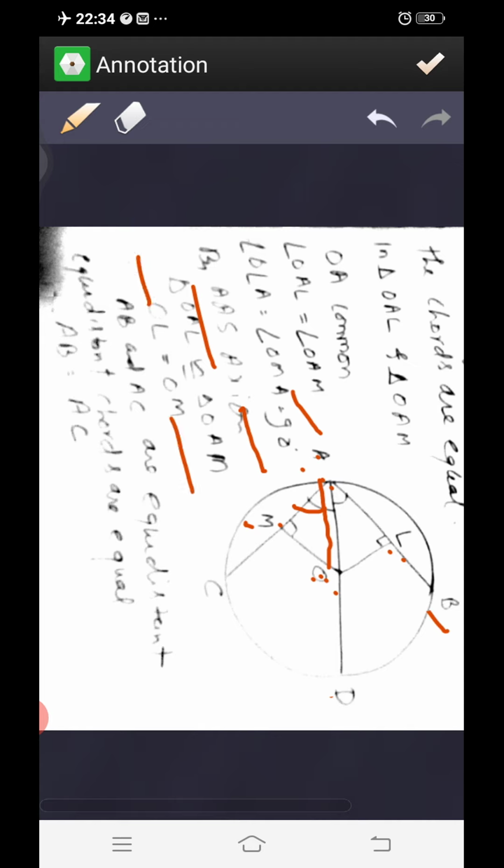When both triangles are congruent, therefore OL equals OM. That means the chords are equidistant, and we know that equidistant chords are equal. If the chords are equidistant, then they will be equal. Therefore AB equals AC. Chords are equal.